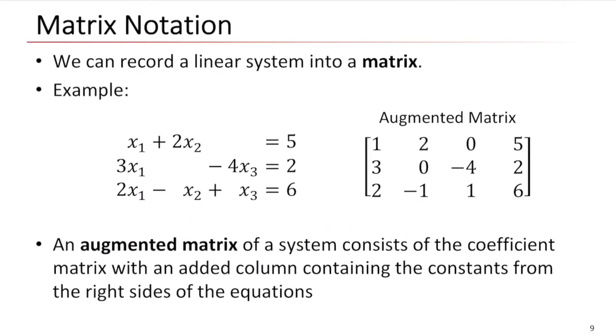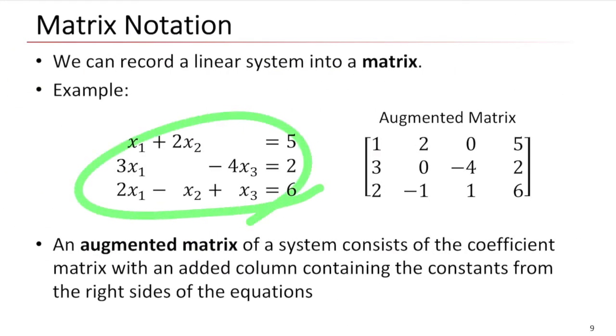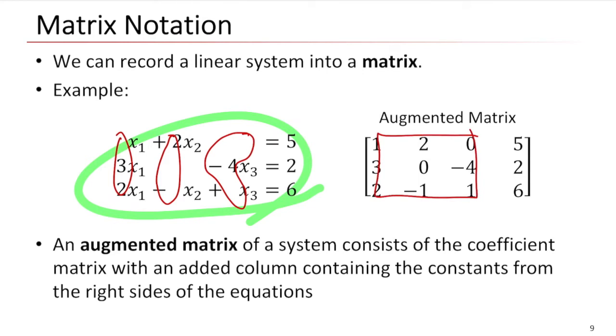Okay. Then what about the augmented matrix? When we think about the linear system like this, the coefficient information is contained here, but what about this? In the augmented matrix, we can add these values to the right of the coefficient matrix here.